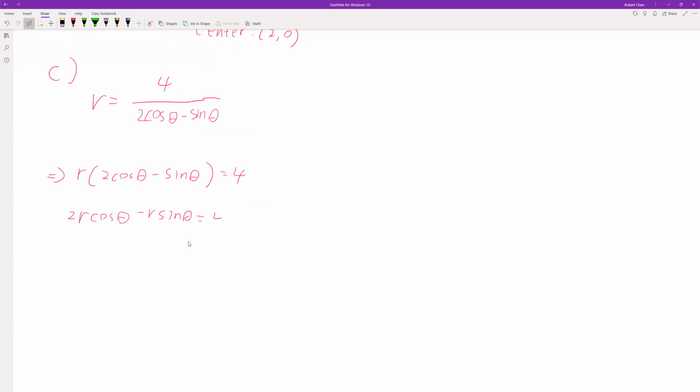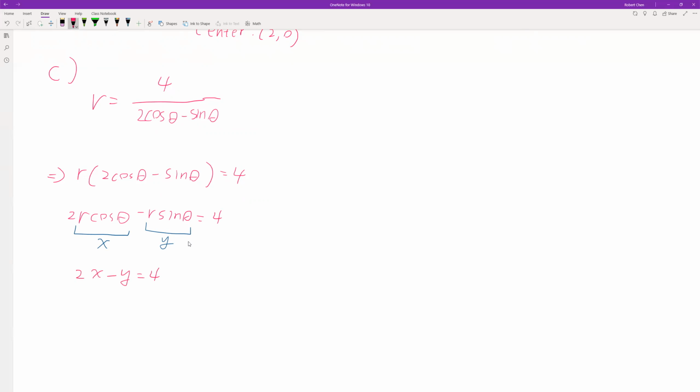And when we distribute the r, we get 2r cosine theta minus r sine theta. Hopefully you guys can see why we want to multiply this to the left-hand side, because we have the nice form of r cosine theta, which is x, and r sine theta, which is y. To simplify this, we just get 2x minus y is equal to 4.